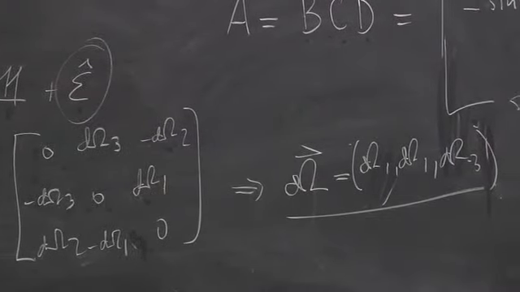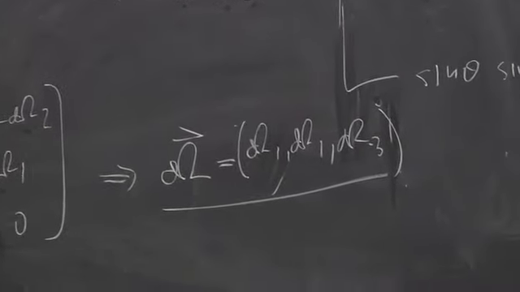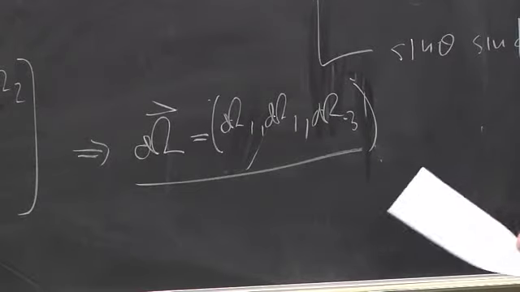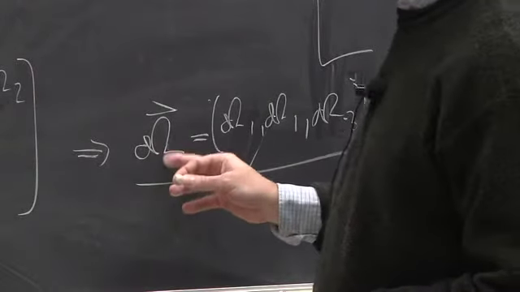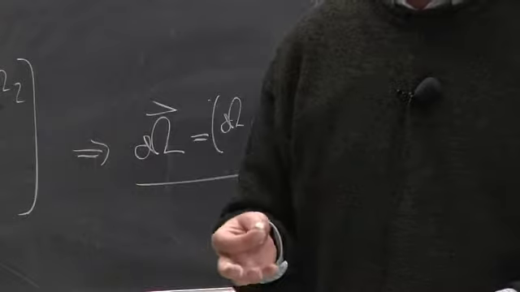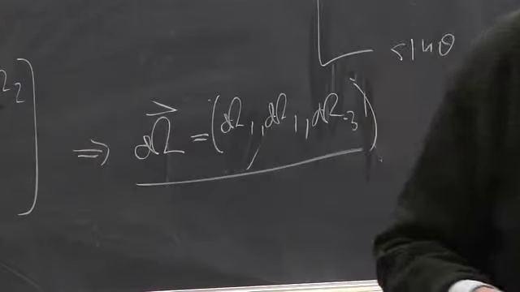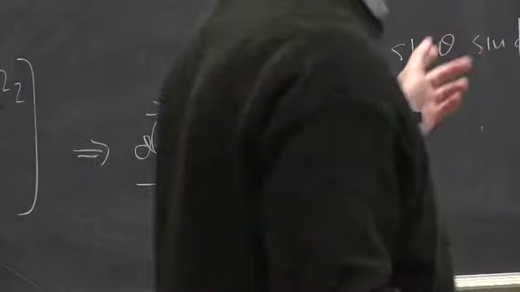So as long as my rotation is infinitesimal, I can characterize it by a simple vector. That's very good because a vector is much simpler than a matrix.